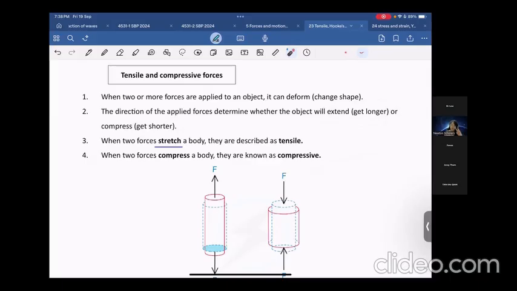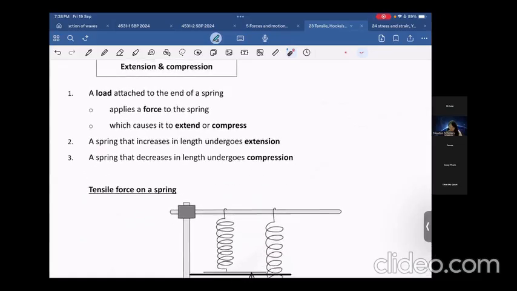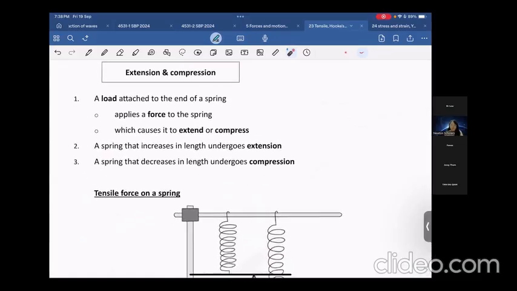So we go to your page number 2. The tensile force and compressive force can be applied on a spring. In Form 5, or Year 10, we learned about the spring, where we hang things, right? Here, a load is attached to the end of the spring.